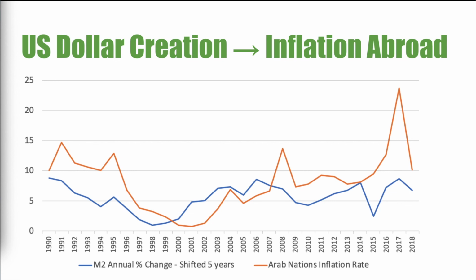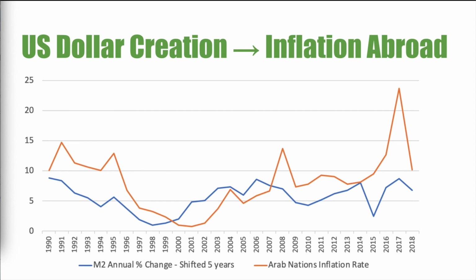And it's from the Federal Reserve. All the data that I've used throughout here is from government agencies. The annual percent change, I've shifted it 5 years forward because it takes a couple years for this money to be disseminated out into the economy and to start actually affecting prices. And then I've put that next to the Arab nations' inflation rate.